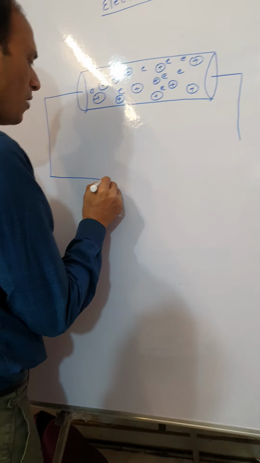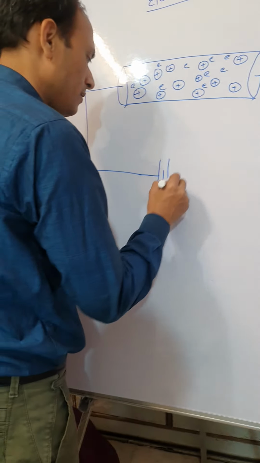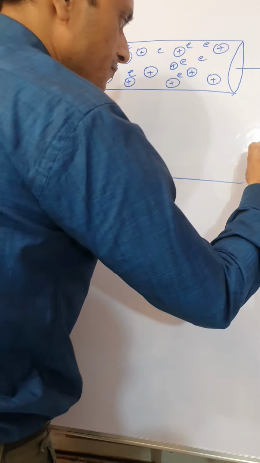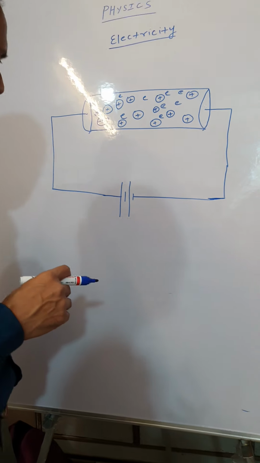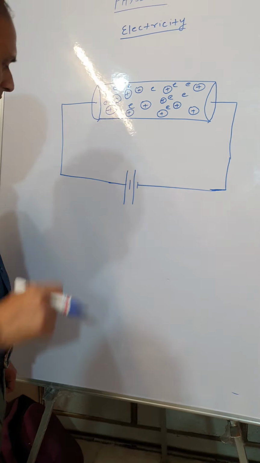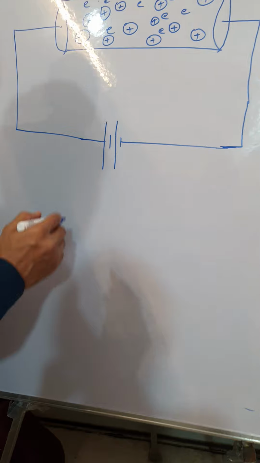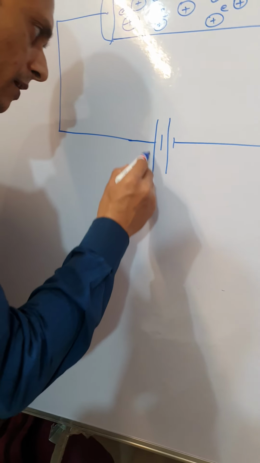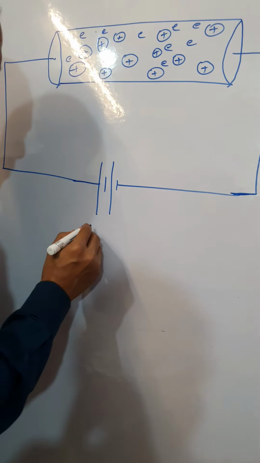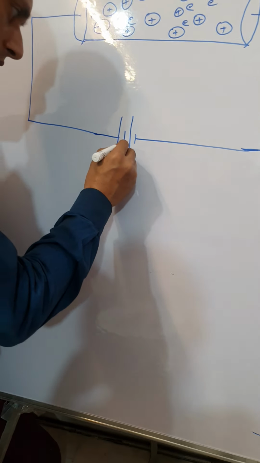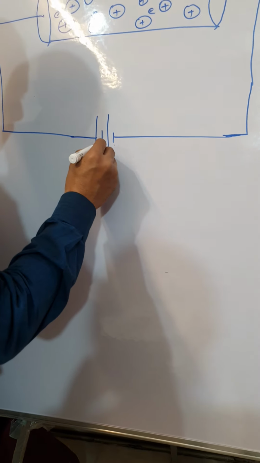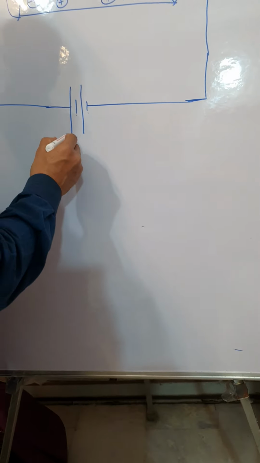If we connect the two ends of the wire with a battery, like the battery in a remote control or a torch, this bigger line is the positive or higher potential of the battery, and this lower, shorter line is the negative or lower potential of the battery.